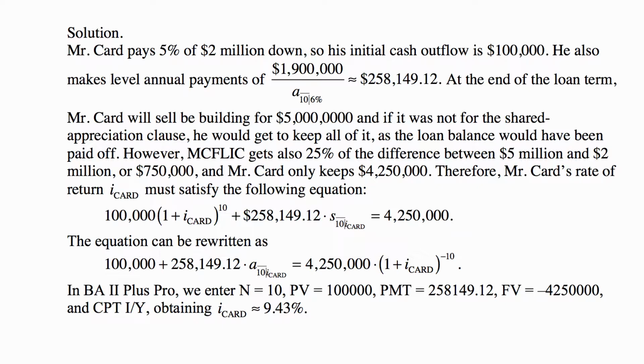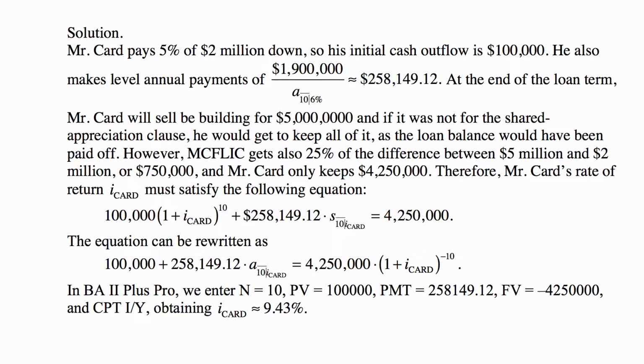However, MCFLIC also gets 25% of the difference between $5 million and $2 million, or $750,000. And Mr. Card only keeps $4,250,000.